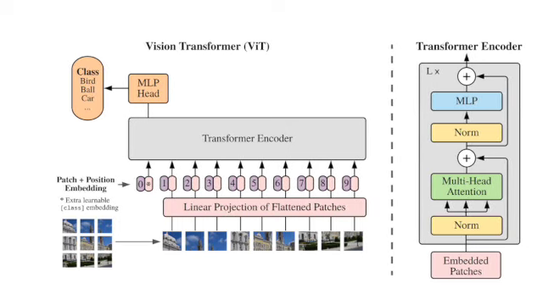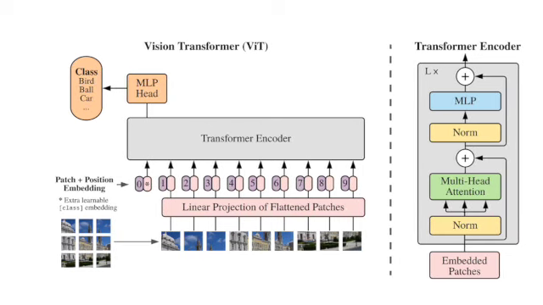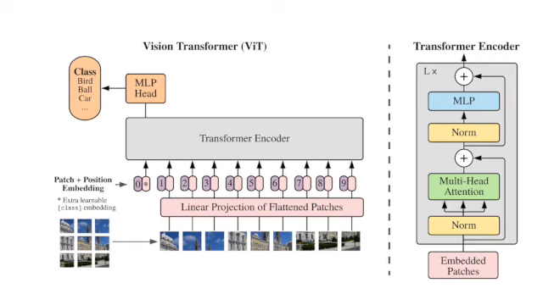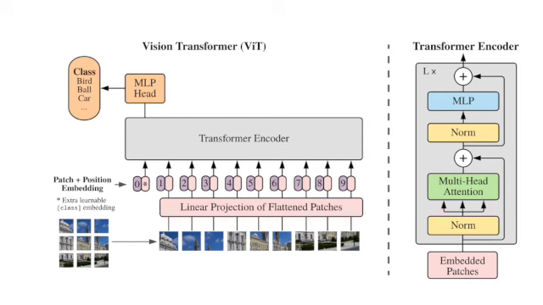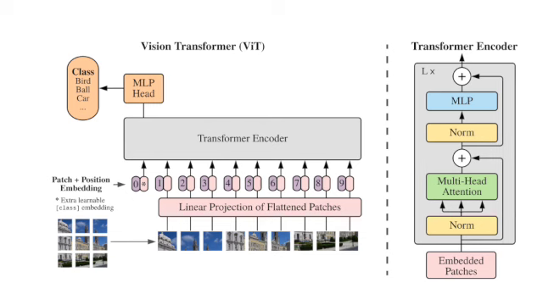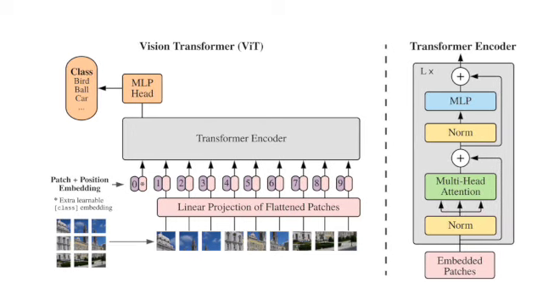Exactly. And what's really cool is it doesn't just see a jumbled mess of patches. It actually figures out where each of those patches belongs in the image. Hold on. How does it do that? Are we telling it where each patch goes? No, that's the magic of these positional embeddings.